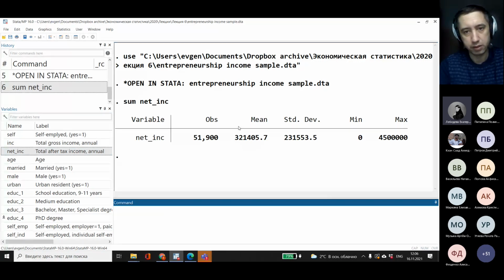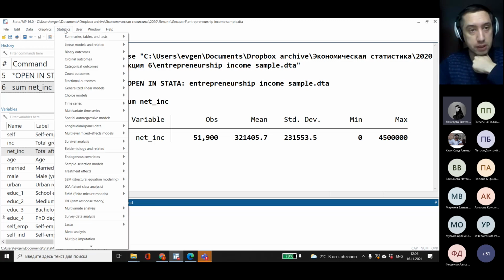You are familiar with the average, and now let's speak about standard deviation. First, let's find the confidence interval. You know how to find a confidence interval for the mean, but what about a confidence interval for the standard deviation?